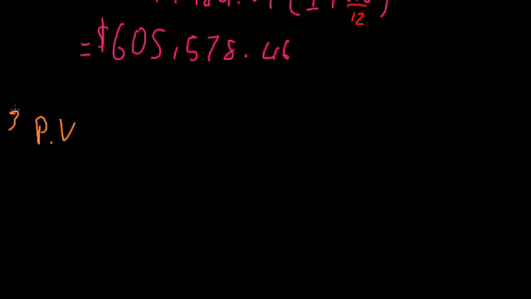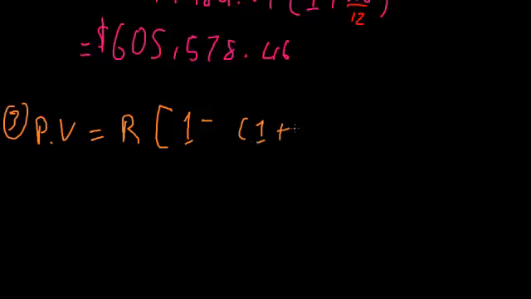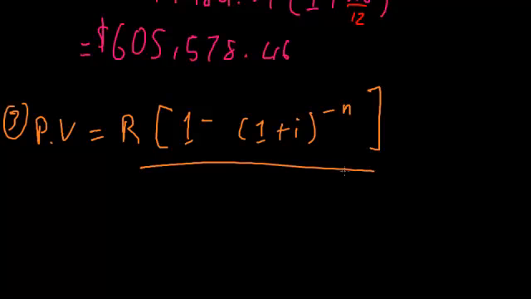P.V, part 3, is equal to R into 1 minus 1 plus I, the power of negative n, all over I. And so once you sub in the values, this is your present value.